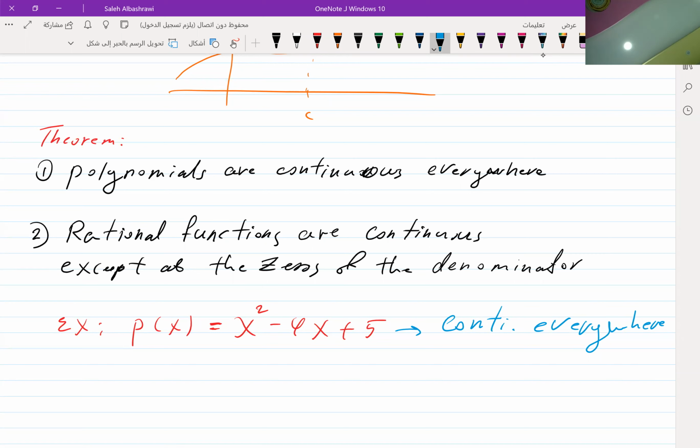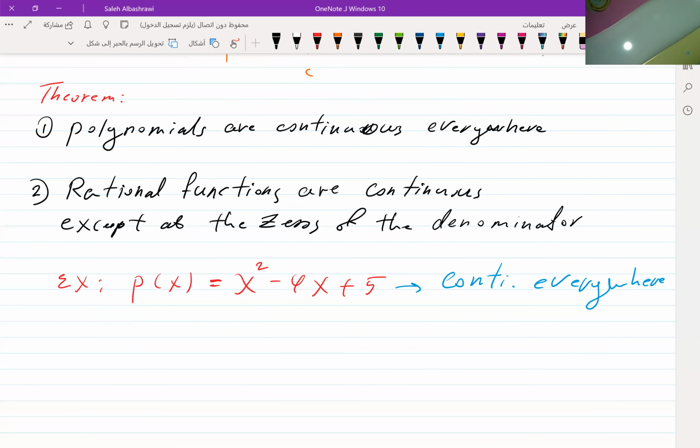But the second one was the rational function. And by rational functions we mean that f of x is written as a polynomial divided by another polynomial. So for the rational function, if it is polynomial divided by another polynomial, then it is continuous everywhere except at the zeros of the denominator.